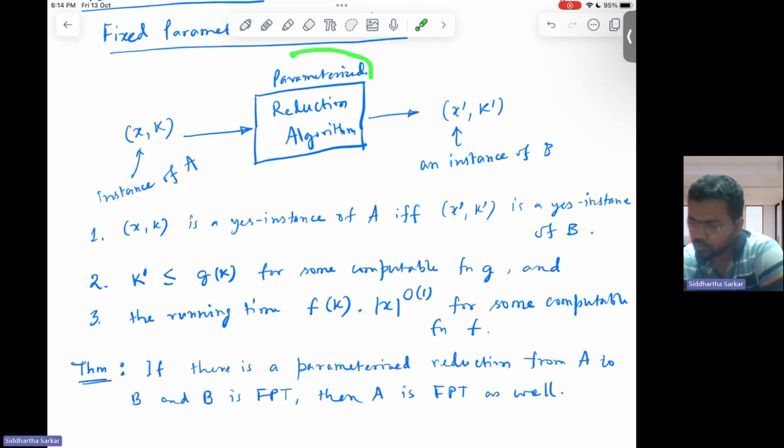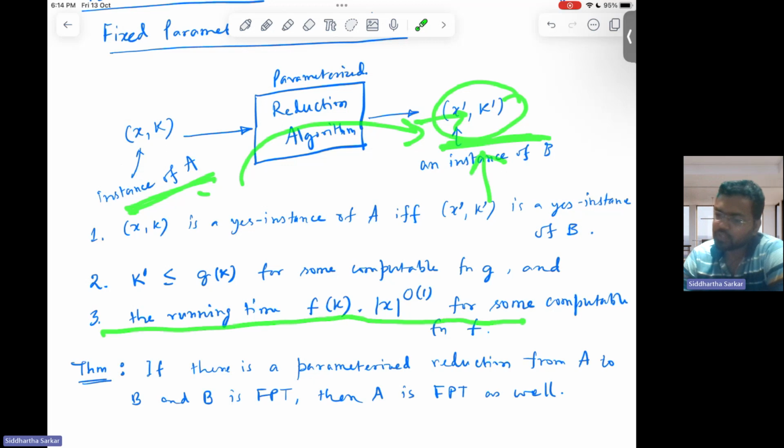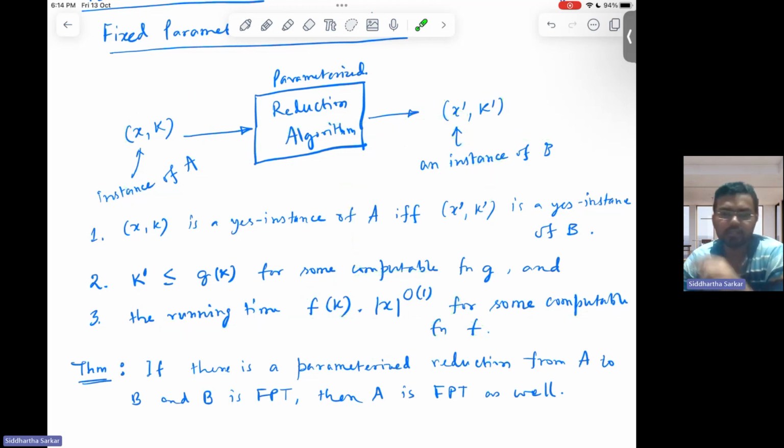The parameterized reduction algorithm takes an instance of A and converts it into an instance of B. Now if B is fixed parameter tractable, then given any instance of A, you convert it to an instance of B, and due to the fact that B is fixed parameter tractable and that the running time of this reduction algorithm is also f of k times polynomial in the input size of A, that implies that A itself is fixed parameter tractable. That is the theorem.